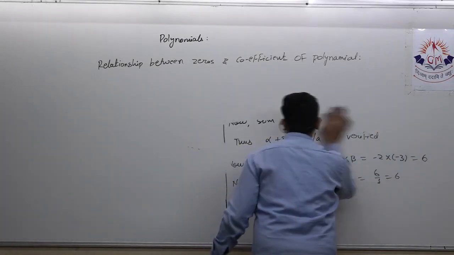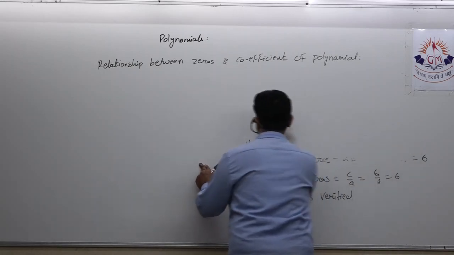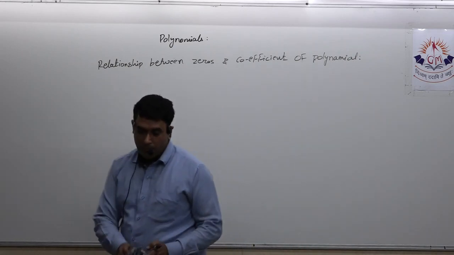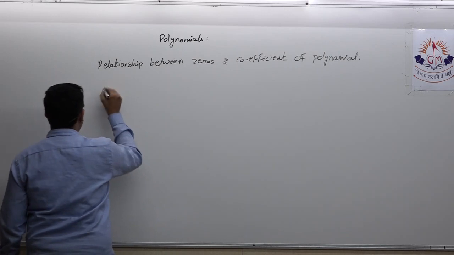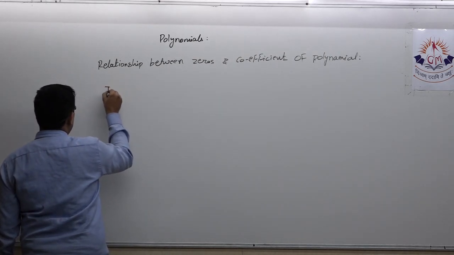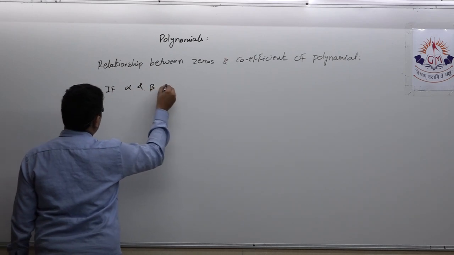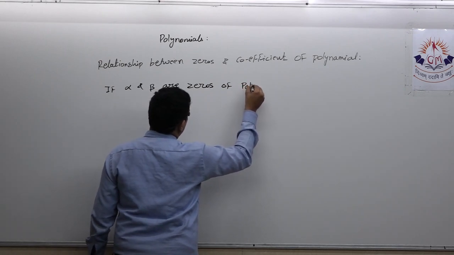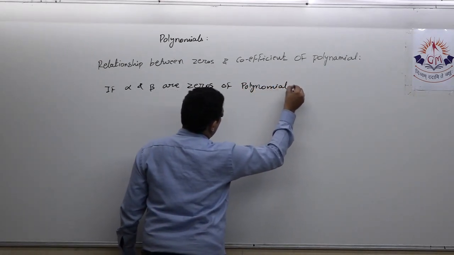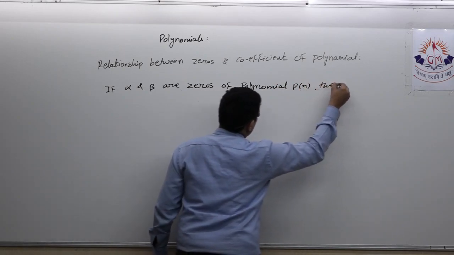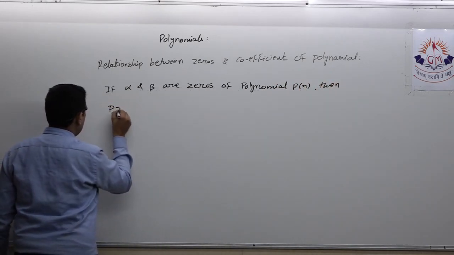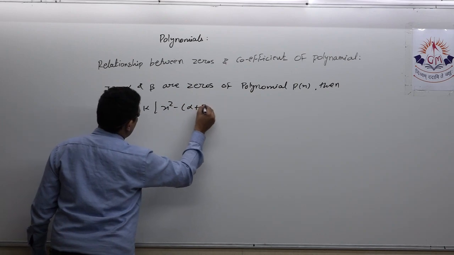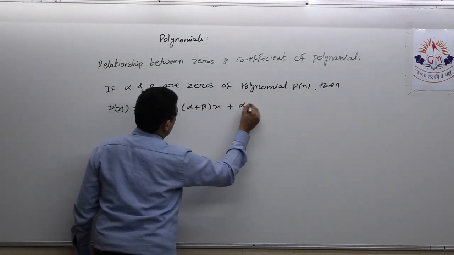Okay, so for that we use one formula directly. Before I come to the question, let me remind you about that note: if alpha and beta are zeros of polynomial p(x), then p(x) is given by k into x square minus (alpha plus beta) x plus alpha beta.